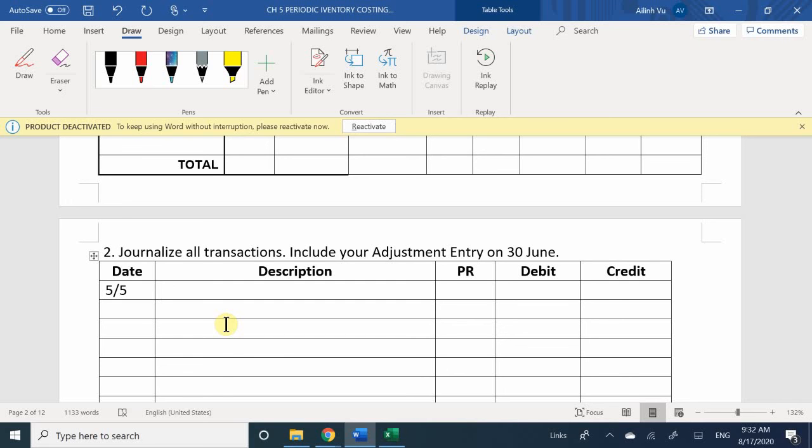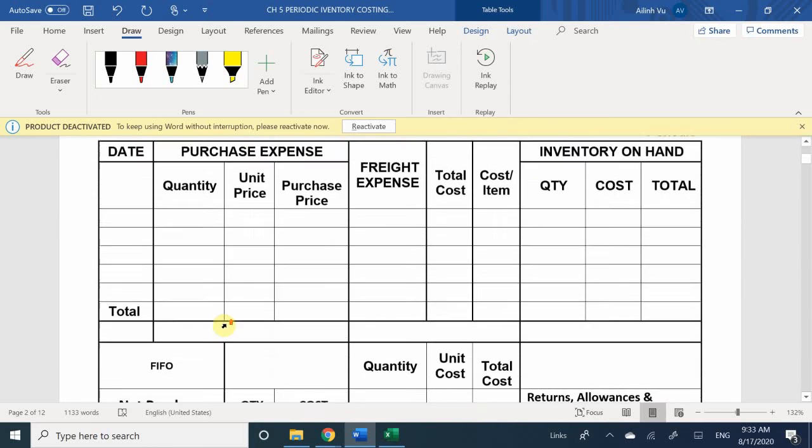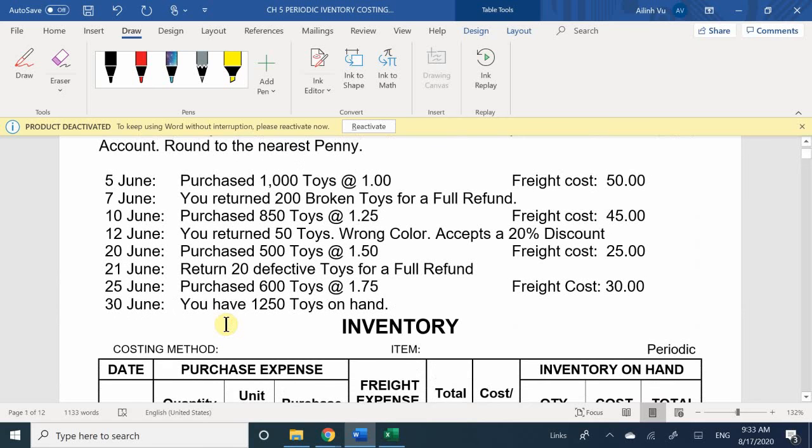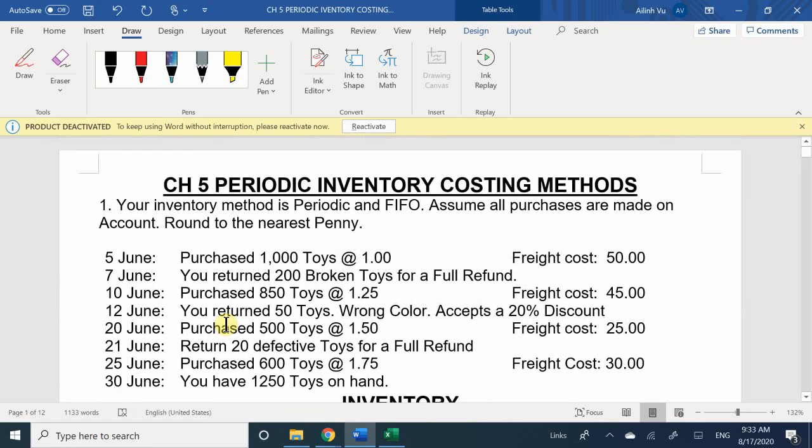Toys would be your description, right? Or are we just doing purchase? What kind of tracking method are we using right now? Periodic.